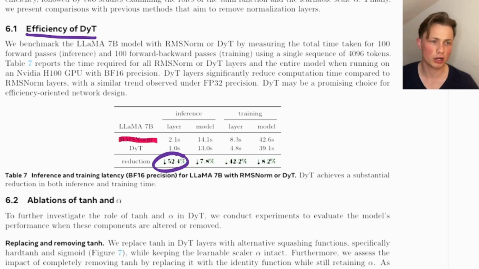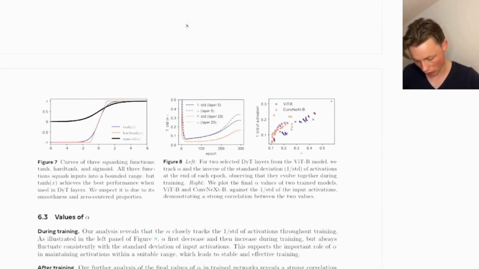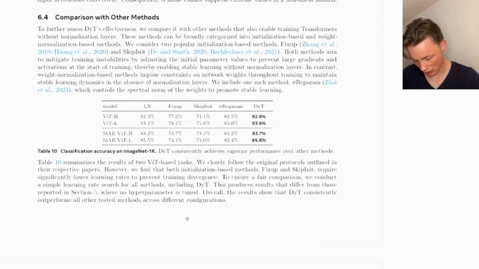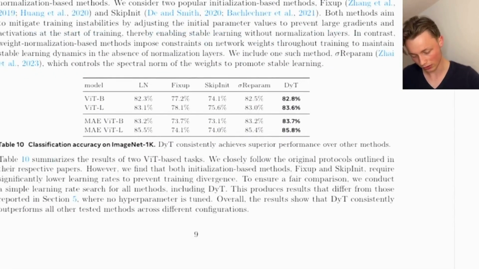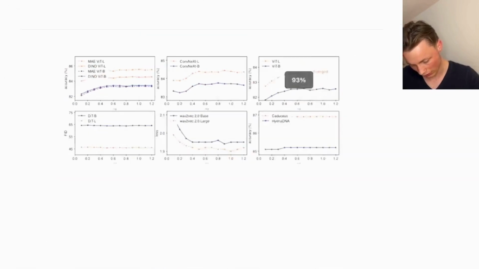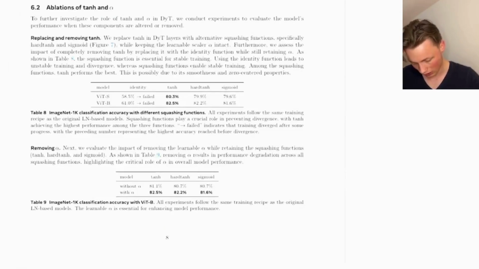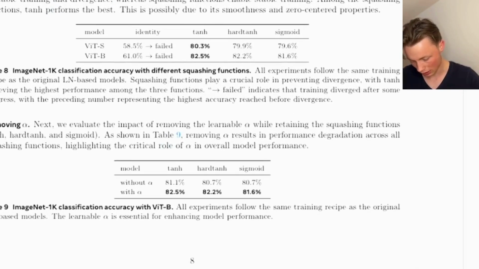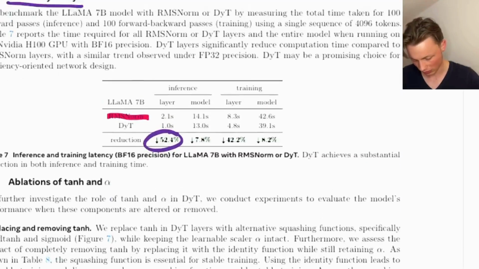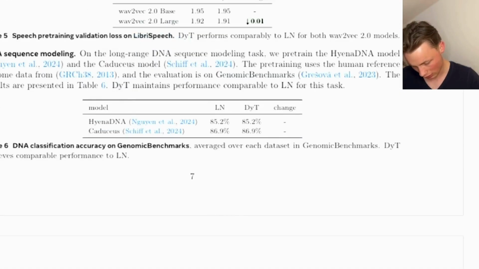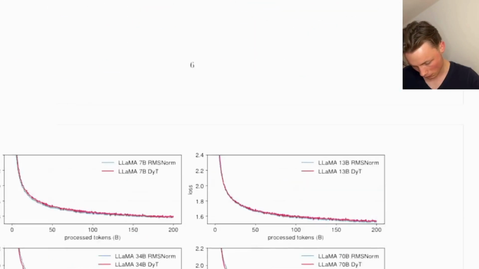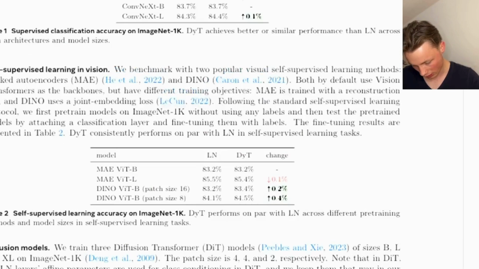So it's a pretty cool thing if we could just replace all the layer norms with tangent functions, and that's what they did. And they show that actually at the end, if they compare it with other models, the results are similar and sometimes even better. Where can we find it?